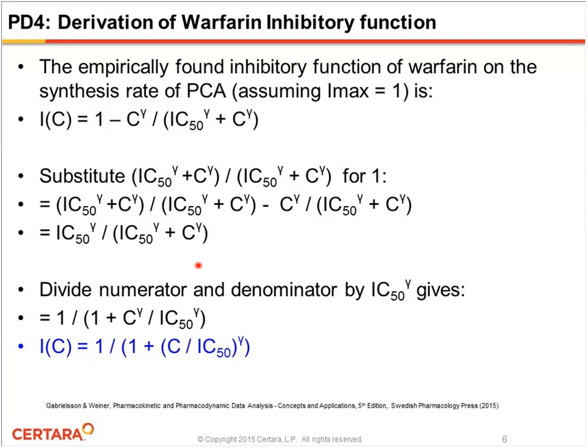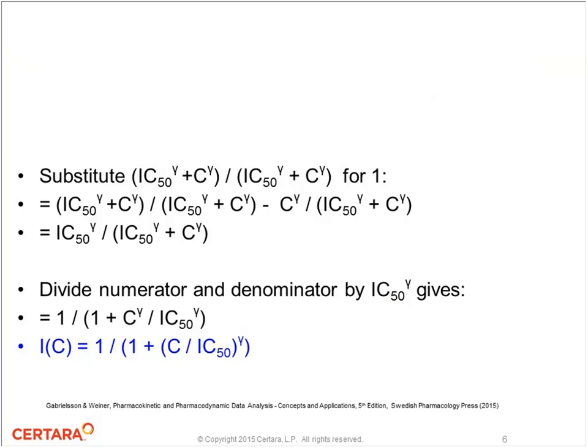If we then divide the numerator and denominator by IC50 to the gamma, we get 1 over 1 plus C to the gamma divided by IC50 to the gamma. And then we can get the final form here, where we just get C divided by IC50 all raised to the gamma in the final inhibitory function.